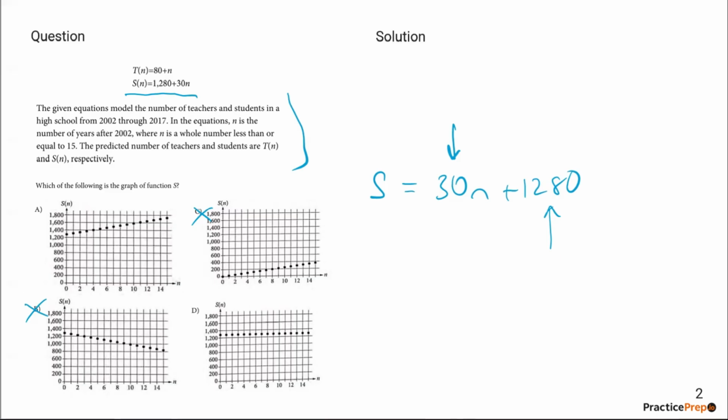Well, in this case, it's a bit difficult because going 1 unit to the right, you're not going to see anything in detail. Instead, go 10 units to the right, because for every 10 units you go to the right, you will have to go 300 units up, right? So let's go from 0 to 10. From 0 to 10, we will need to go from 1280 to 1580.